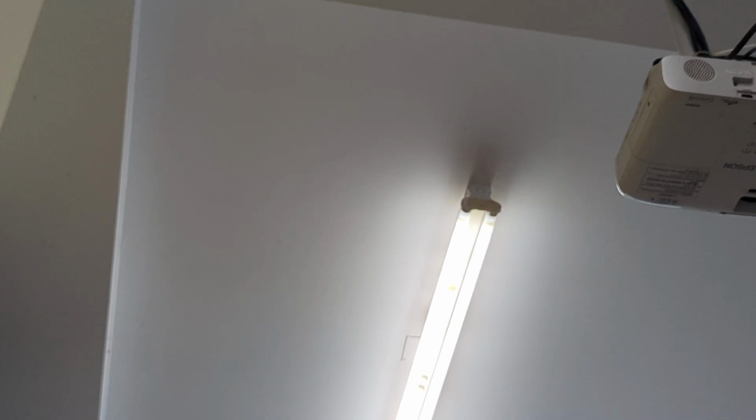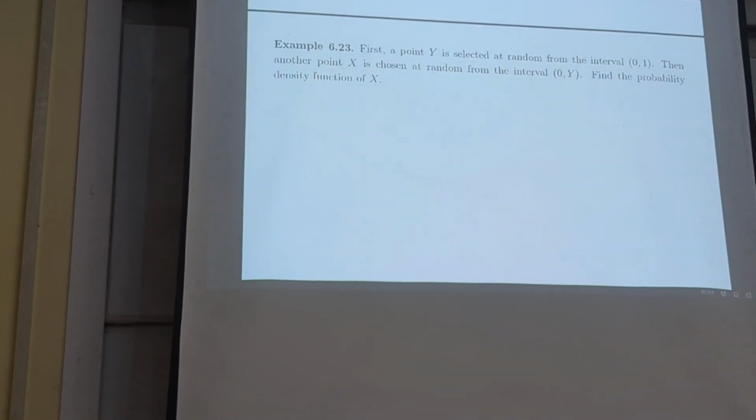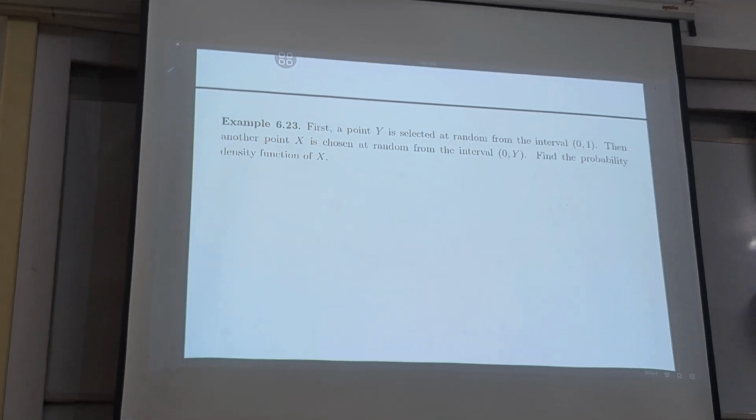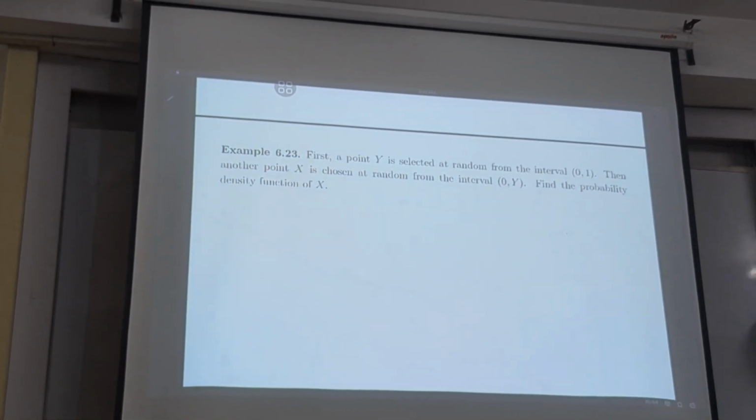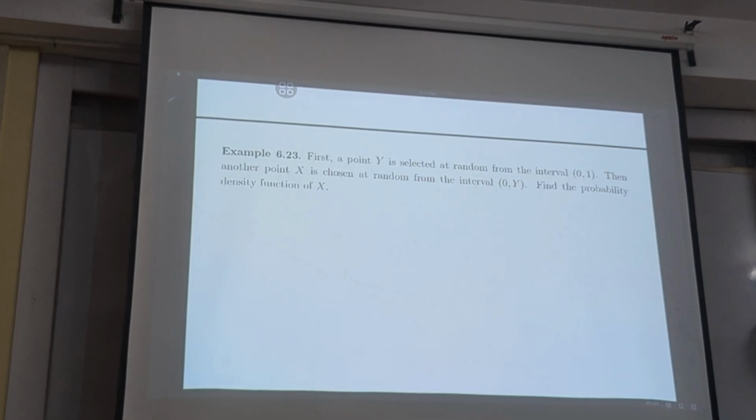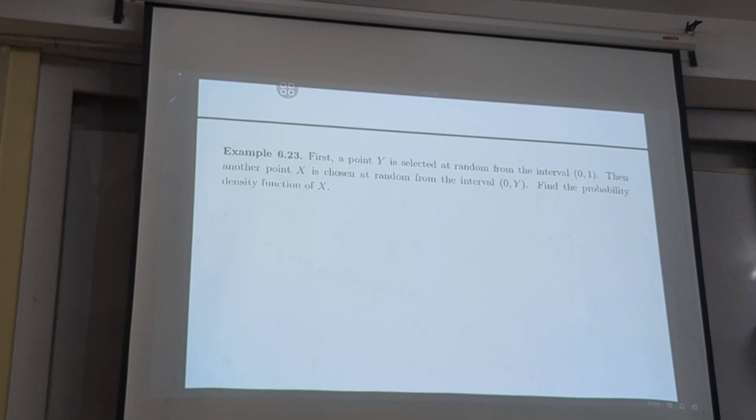First a point is selected in between 0 to 1. Let's say the distance of the point from 0 is y. So a point is selected so that the distance is y from 0. Then the second point is selected randomly in between 0 to y. You understand?